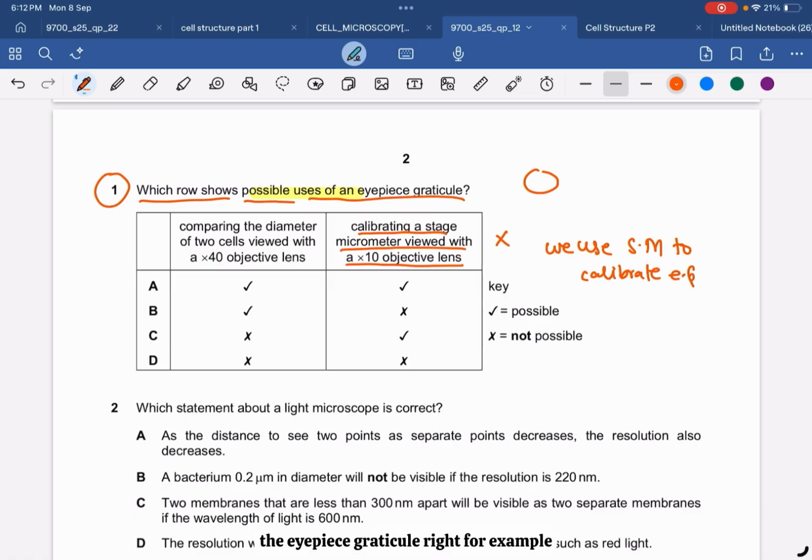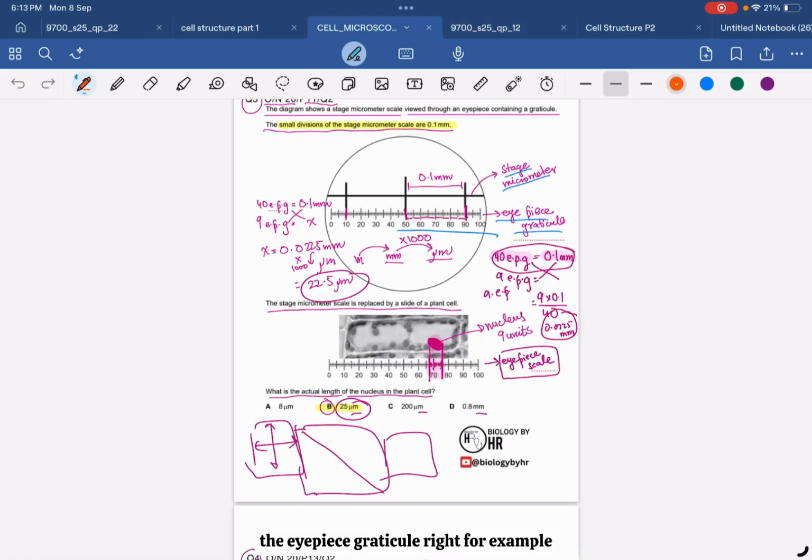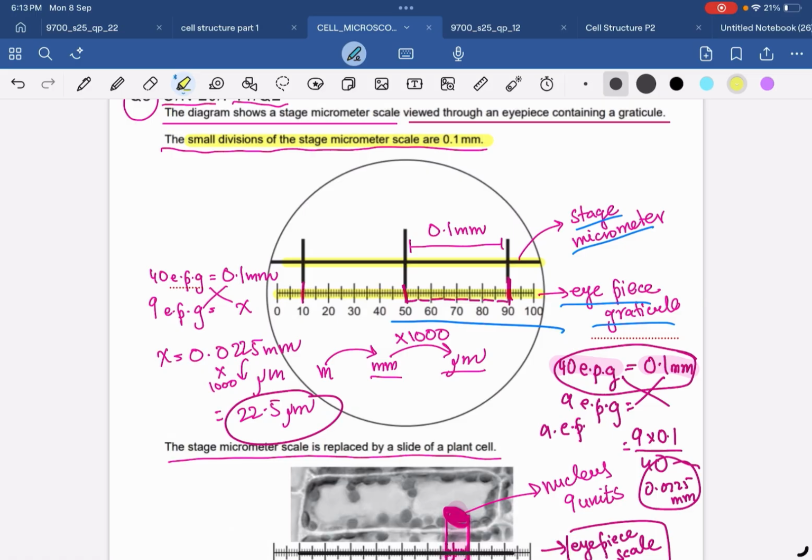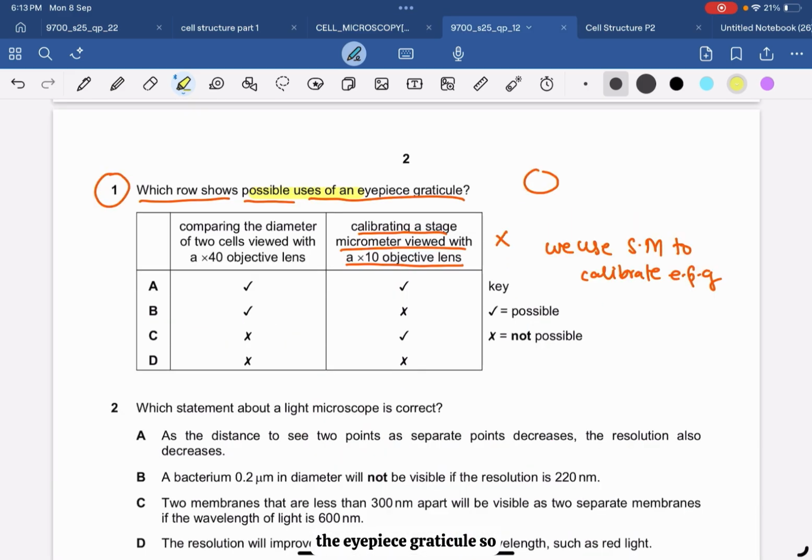For example, over here you can see that this is the stage micrometer scale, and we are using this stage micrometer scale to calibrate the eyepiece graticule.